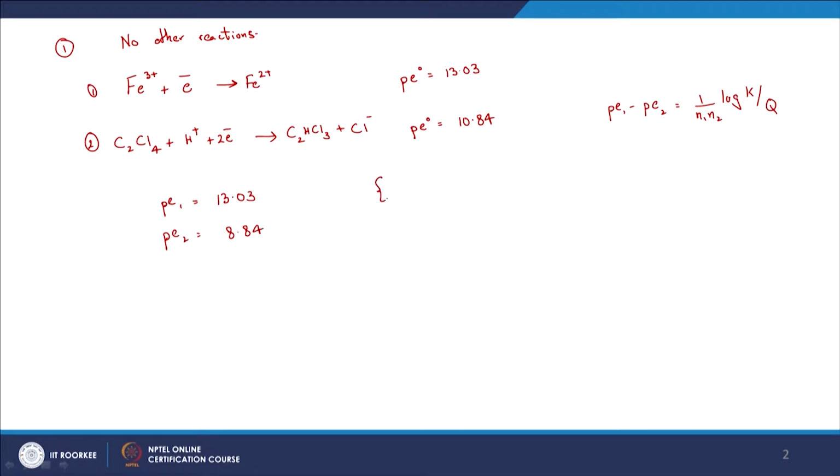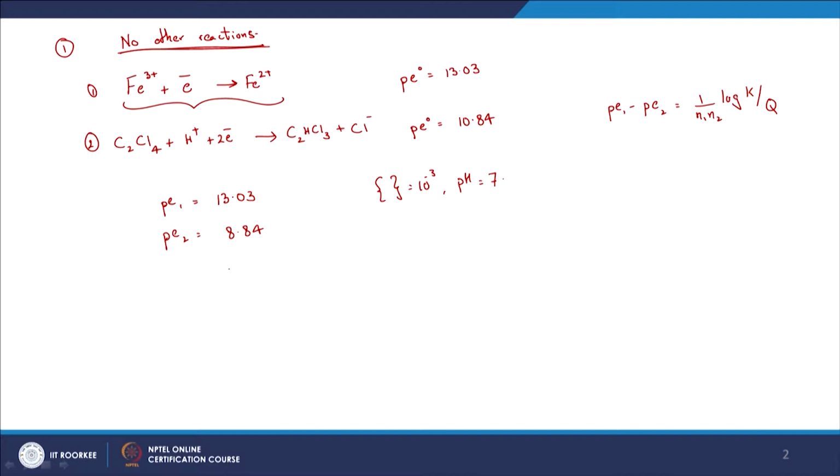We assumed that all the activities were equal to 10 power minus 3 and that the system was at pH equal to 7. The major assumption for this scenario was that there are no other reactions. From this we see that PE1 for this half reaction is greater than PE2. So what does that mean?